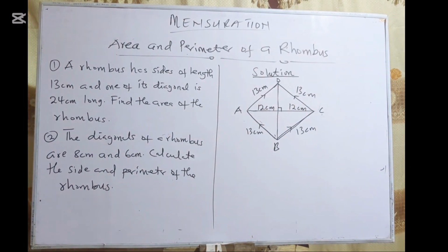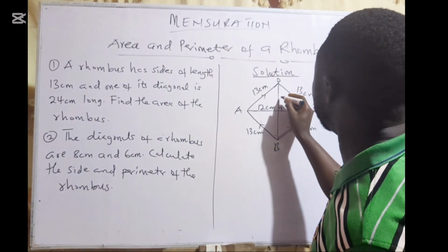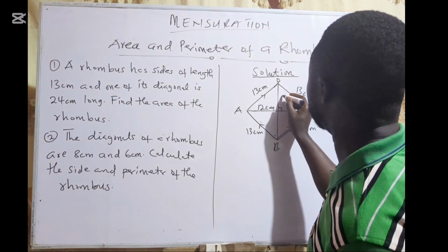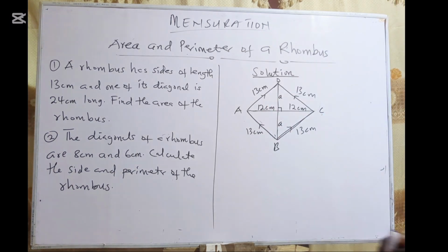So that we can find the other diagonal, and then we can calculate the area of the rhombus. We don't know the other diagonal, so let me put here as A, and here also A, because the diagonals bisect each other.